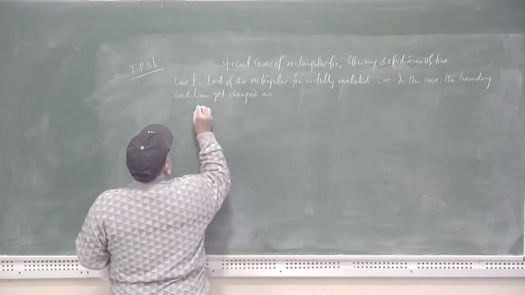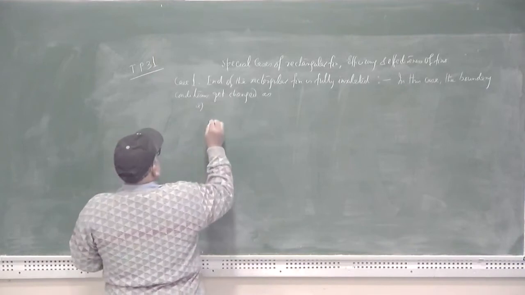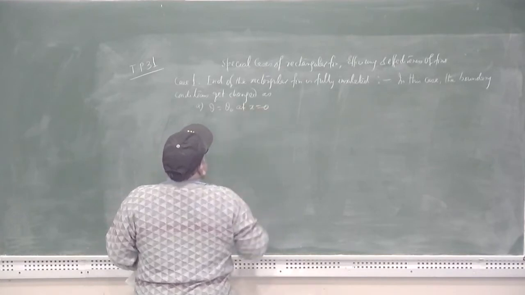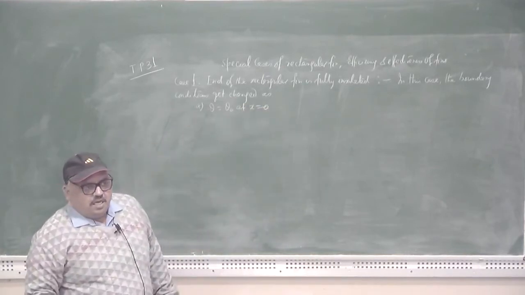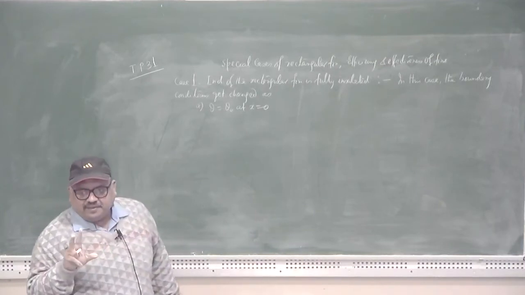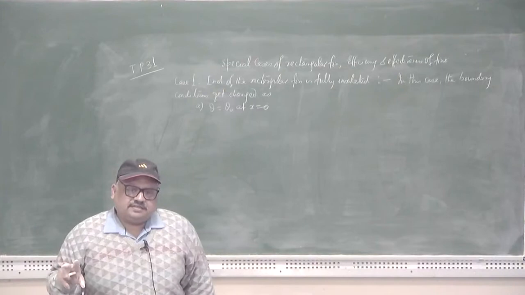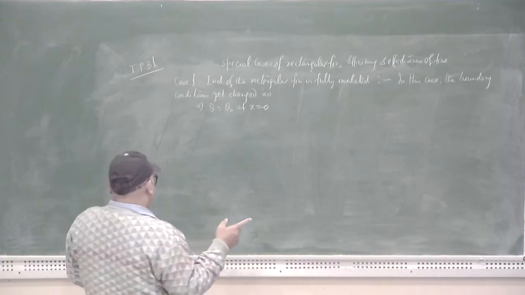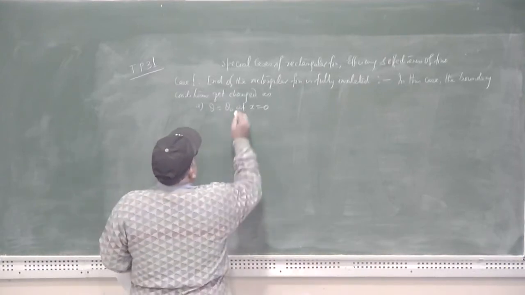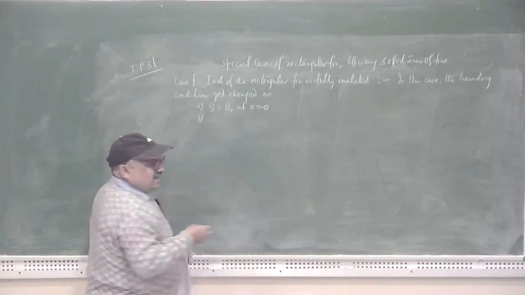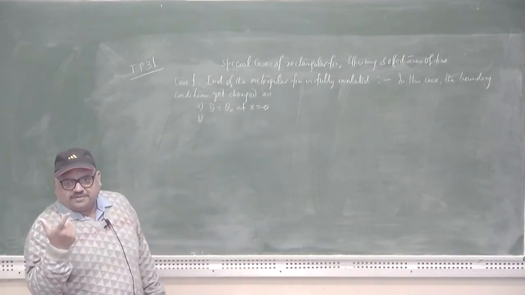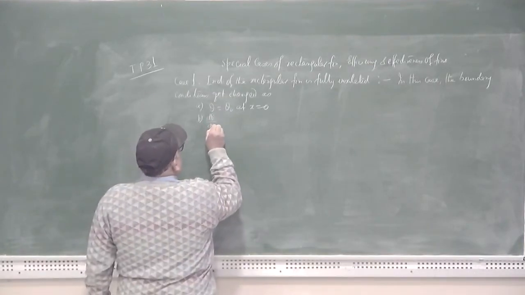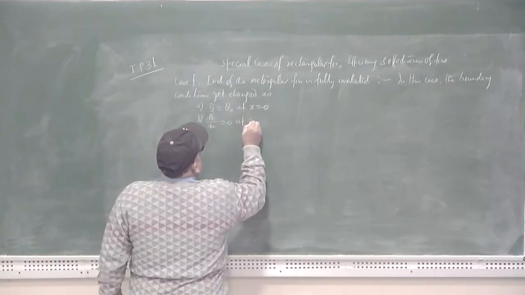Condition A: theta is equal to theta 0 at x is equal to 0, that condition will remain unchanged, because I am considering the insulation at the farthest end, not at the base. Since the farthest end is fully insulated, no temperature gradient will be there. So, d theta by dx is equal to 0 at x is equal to L.